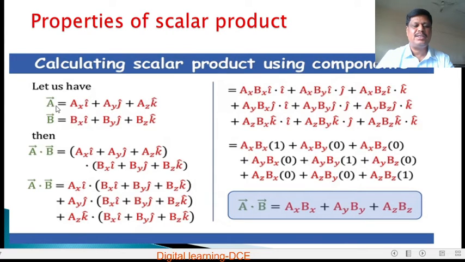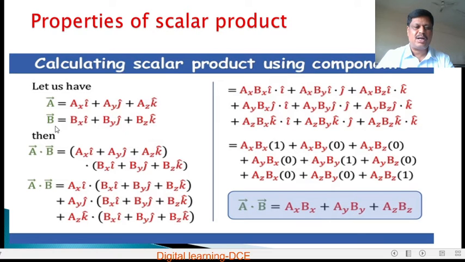Then vector A is represented by A is equal to Ax into i cap plus Ay into j cap plus Az into k cap. Similarly, vector B can also be represented as B is equal to Bx into i cap plus By into j cap plus Bz into k cap, where Bx, By and Bz are the components of the vector B along x direction, y direction and z direction.